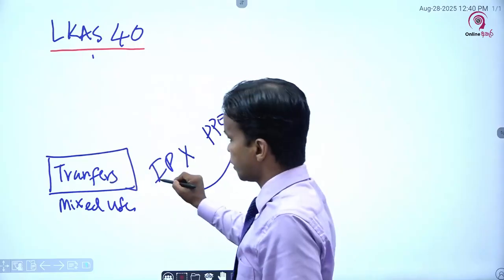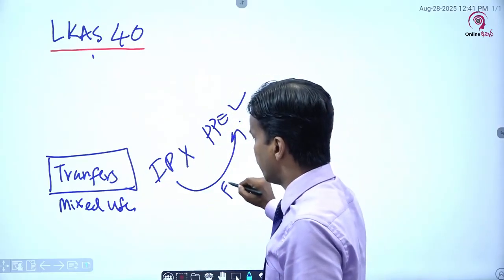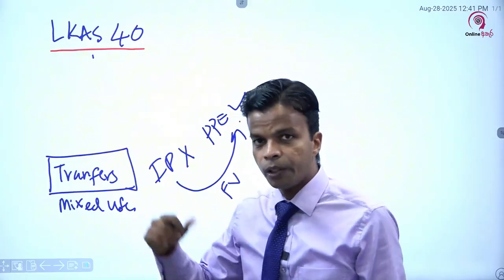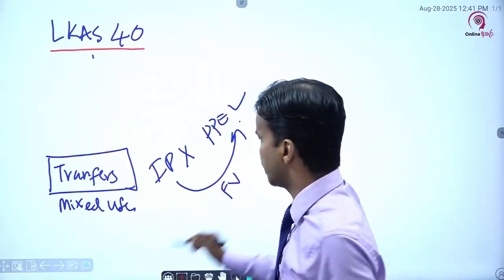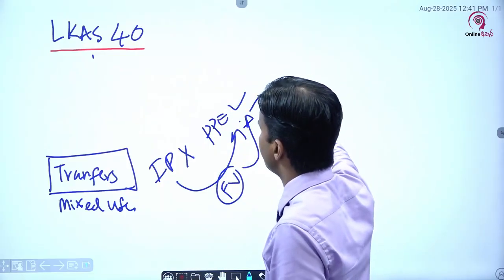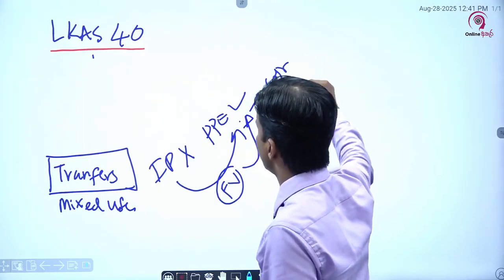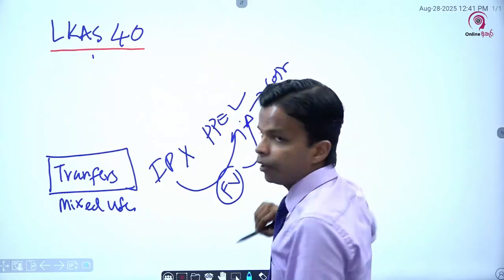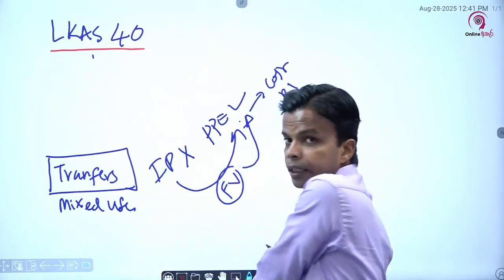When there is a transfer from investment property to PP&E, first do the fair value, and the fair value gain or loss you charge to P&L, like what you have done for investment property. And this fair value should be taken to PP&E, and under PP&E you can go with either the revaluation model or the cost model, right? That is IP to PP&E.